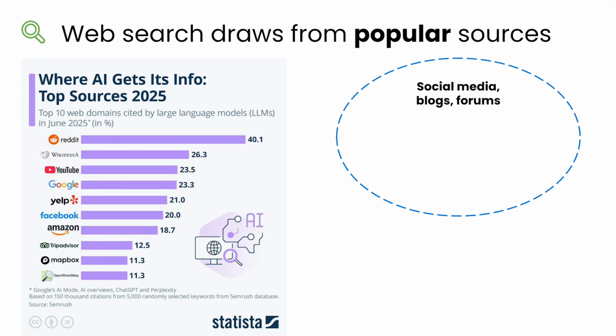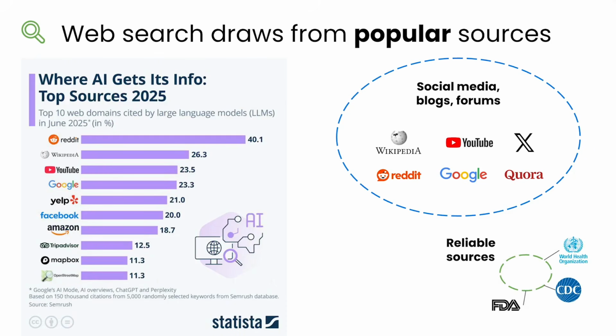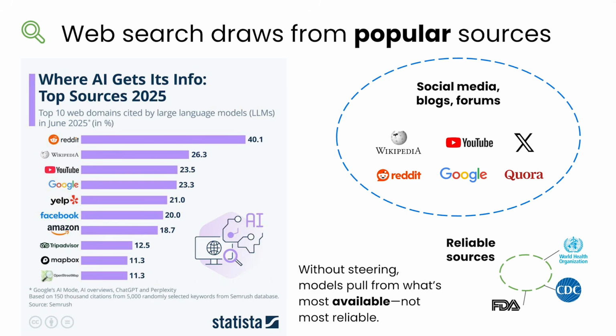There's just a lot of text on the internet from social media, blogs, and online forums, and the amount of text from highly reliable, scientifically verified sources is just much smaller. So if you don't steer the model in terms of what types of sources you prefer, there's a chance that it'll tend to pull text from whatever is most available rather than what's most reliable.